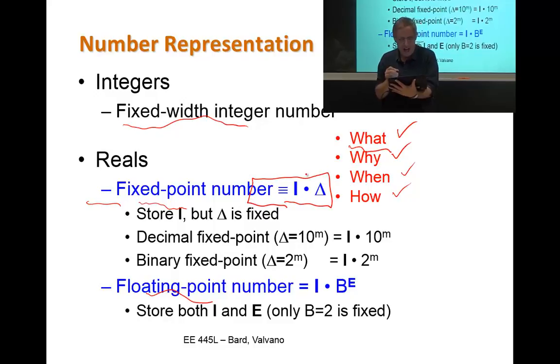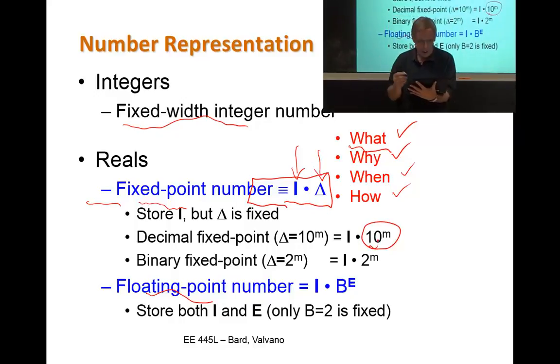In other words, the value that represents this non-integer value is a combination of an integer, which we're going to put in a register, put in memory, and calculate on, times some constant, which is fixed. Now, if that constant happens to be a power of 10, like it will be in Lab 1, we'll call that a decimal fixed point number. And when that constant is a power of 2, like the bunch of examples we'll do in this lecture, we'll call that a binary fixed point.